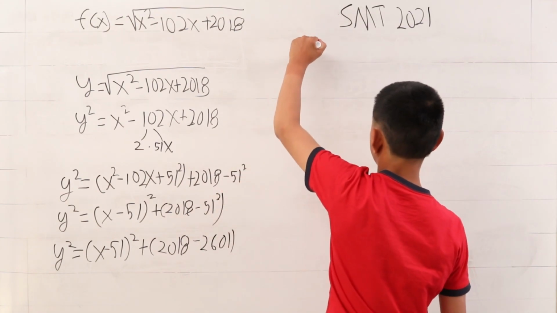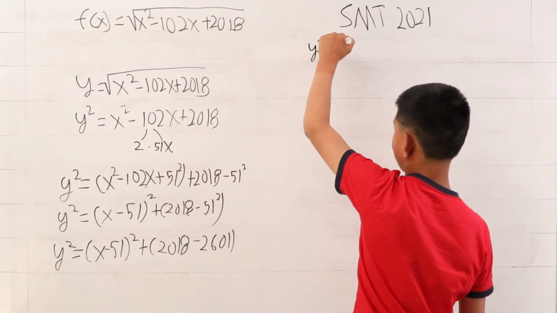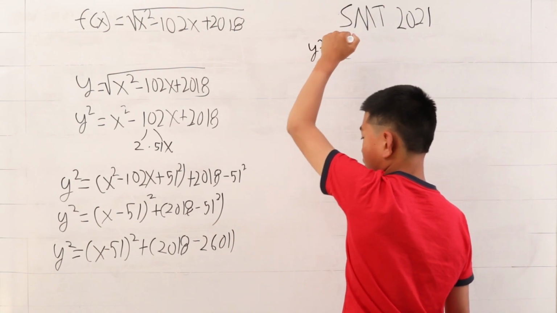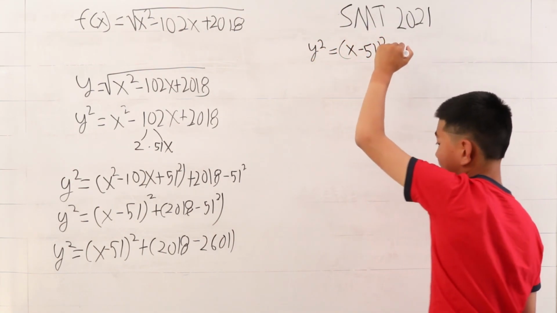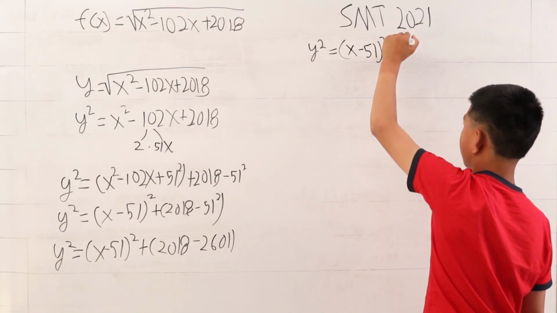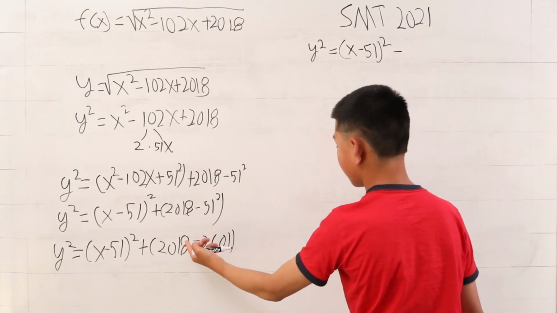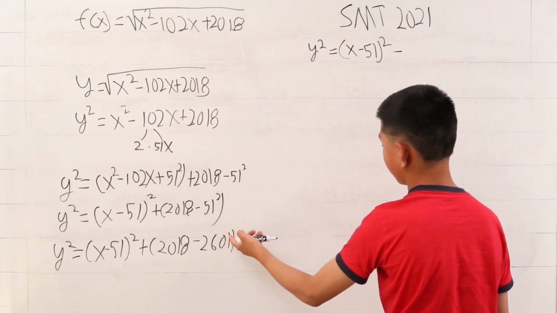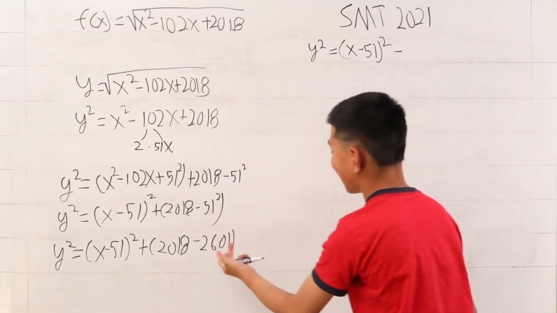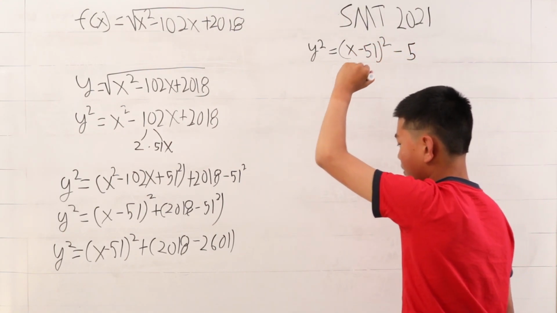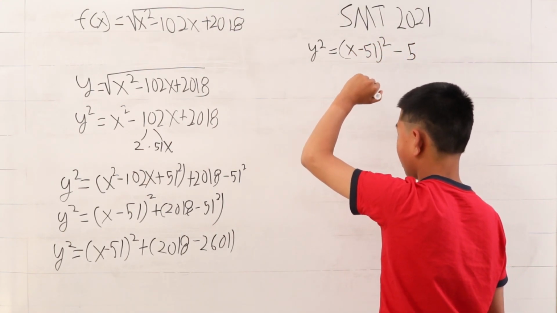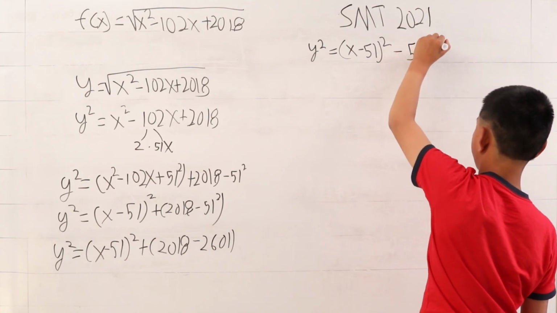So y squared is equal to x minus 51 squared minus, 2018 minus 2,601. It's minus because it has to be negative. This is just 583.